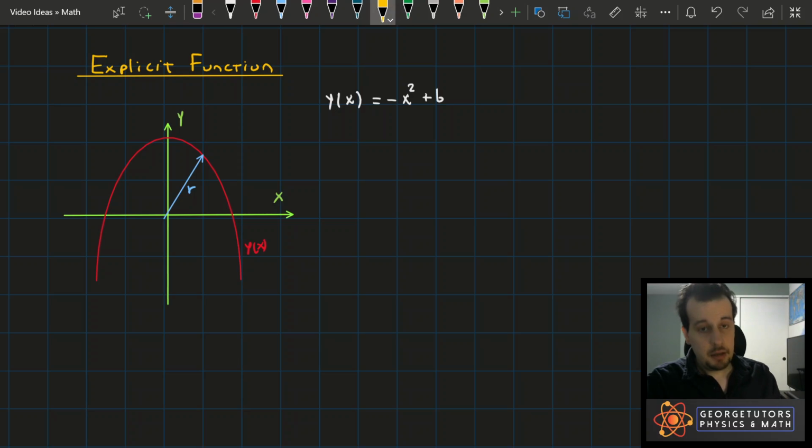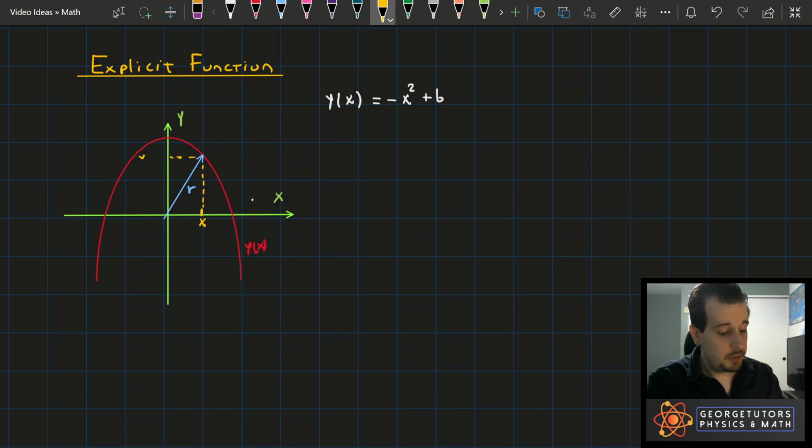Well, we would love to express the x component as itself because it is the independent variable. It is what the y function absorbs to give you an output. So we'd like to leave that alone. And then the y component, as you can see, will be dictated by the value of the function at that point.